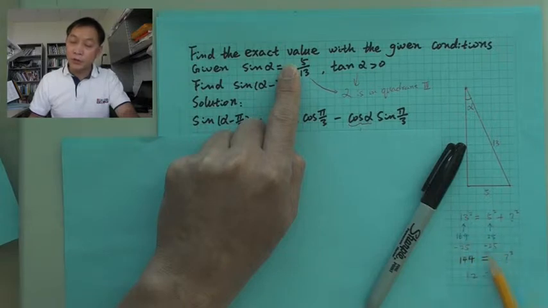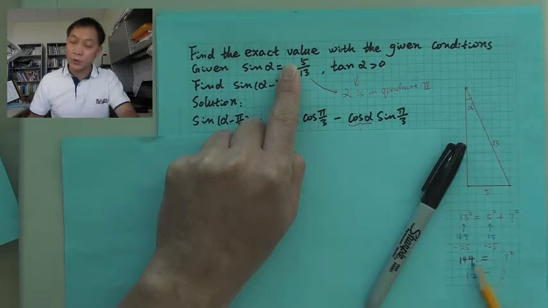Both sides minus 25. You cancel 25 on the right hand side. The left hand side is 169, that's 13 squared minus 25, which gives us 144. So question mark squared, this leg squared, is 144.